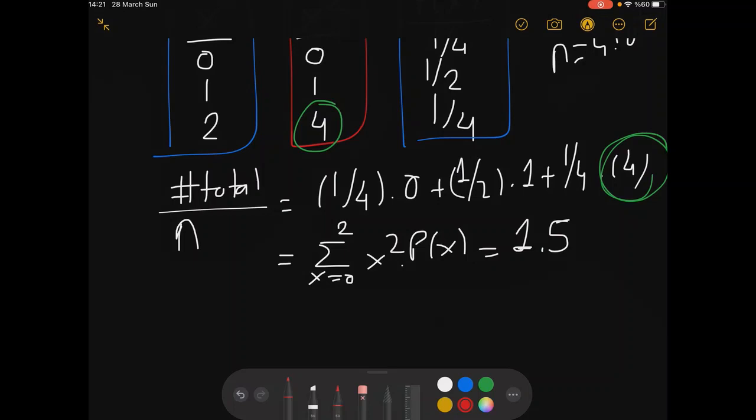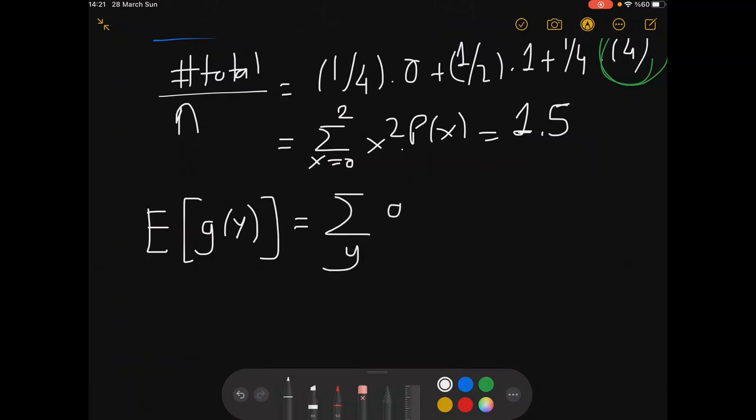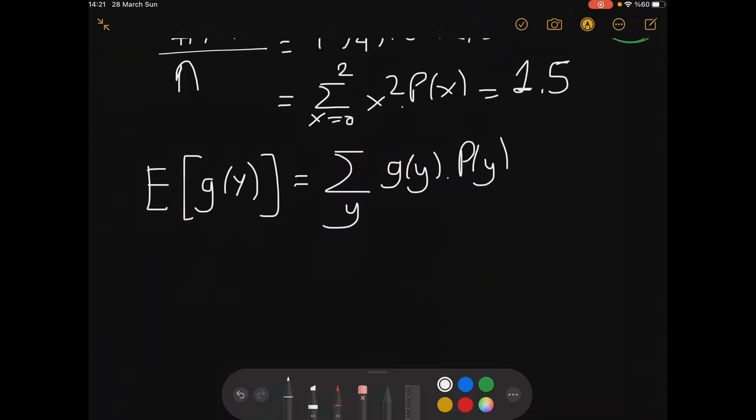This is for a discrete random variable. You can also have the same generalization for continuous random variables. It should look like this: the expected value of g of Z would be the integral of g of Z times the density of Z, dZ, the area under the curve.